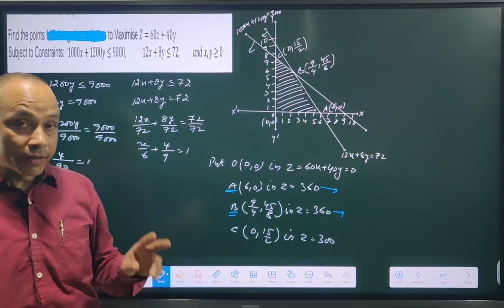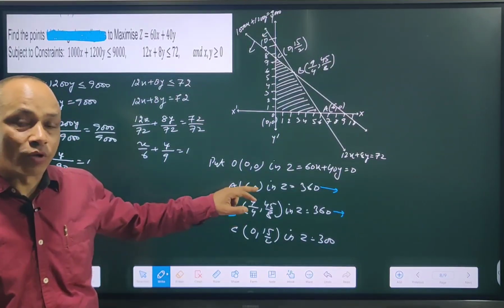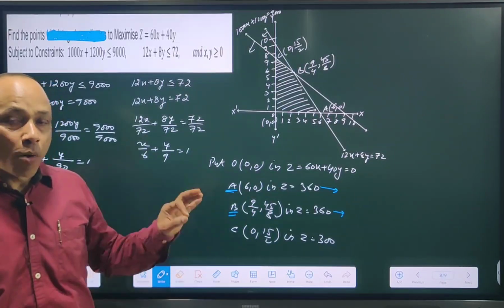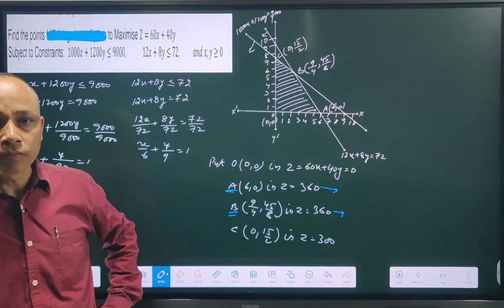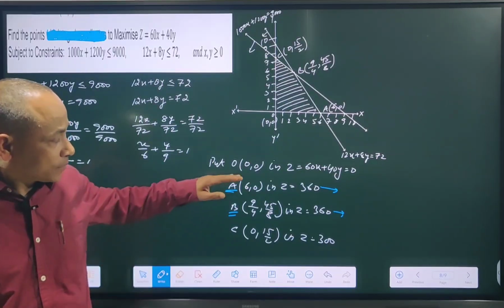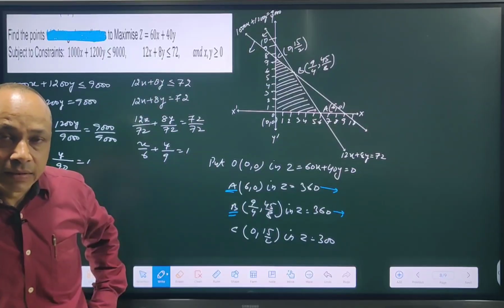So can we say that at both these points, the objective function Z has the same maximum value? Do we have to write that both these points give the maximum of Z, or will the answer be something else?